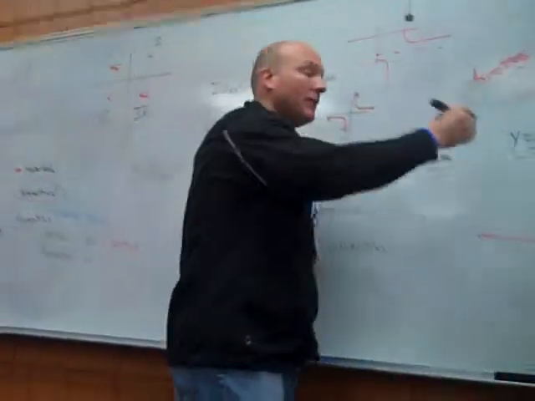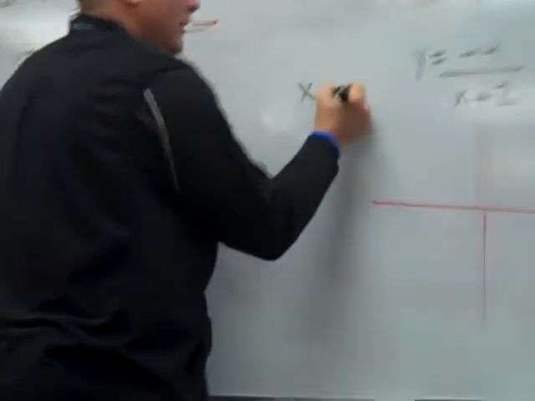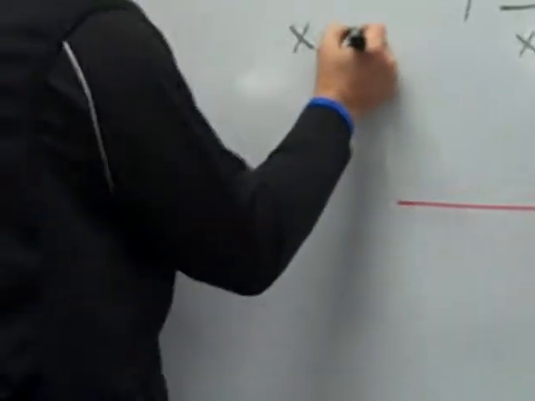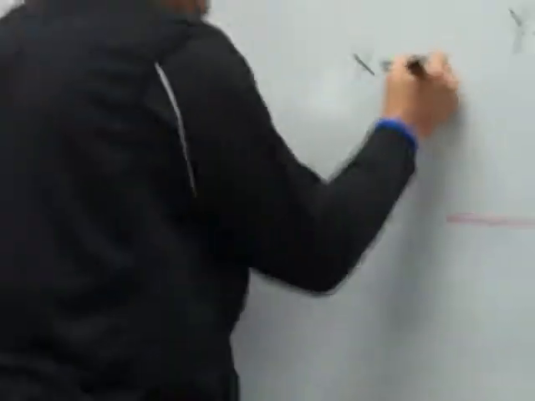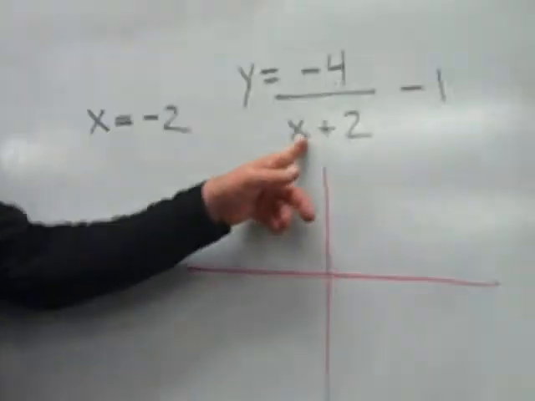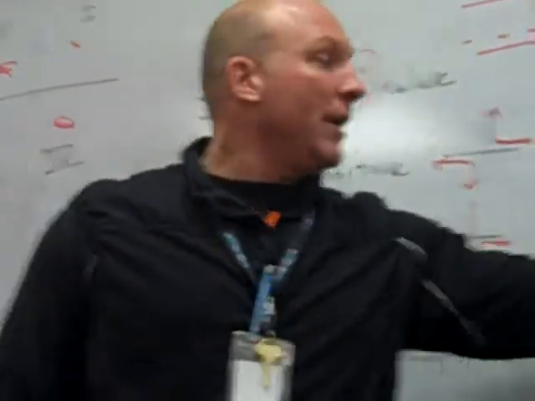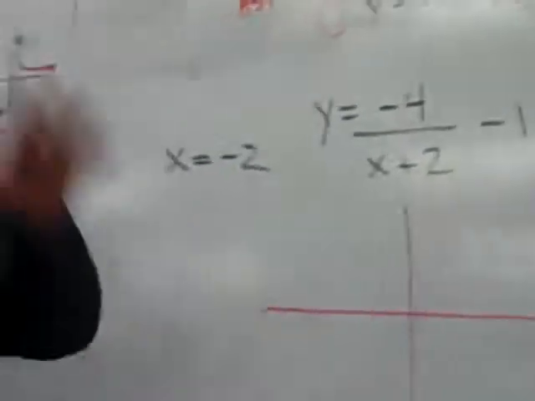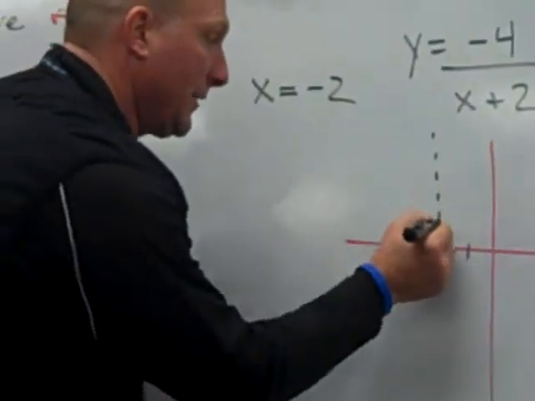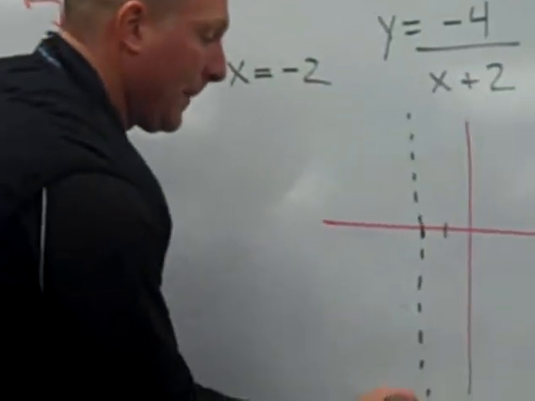Alex, where is it? Close. Negative 2. Why negative 2? What's negative 2 plus 2? 0. Can you have a 0 denominator? No. Therefore, x can never equal negative 2. There's my vertical asymptote. There's one of them.